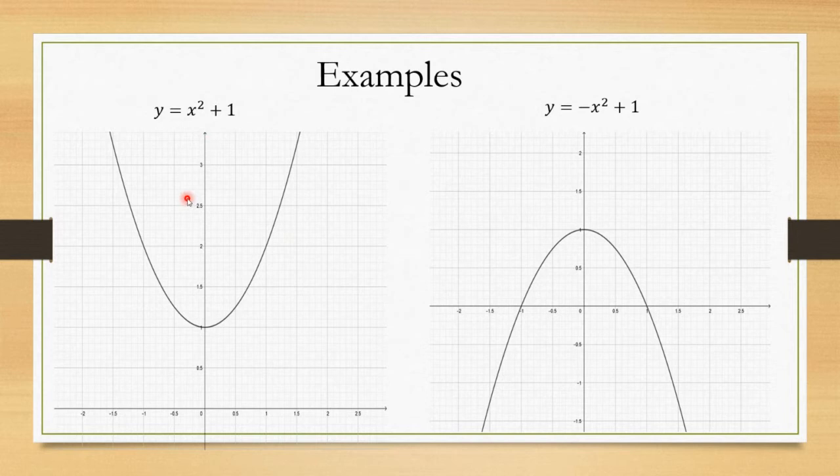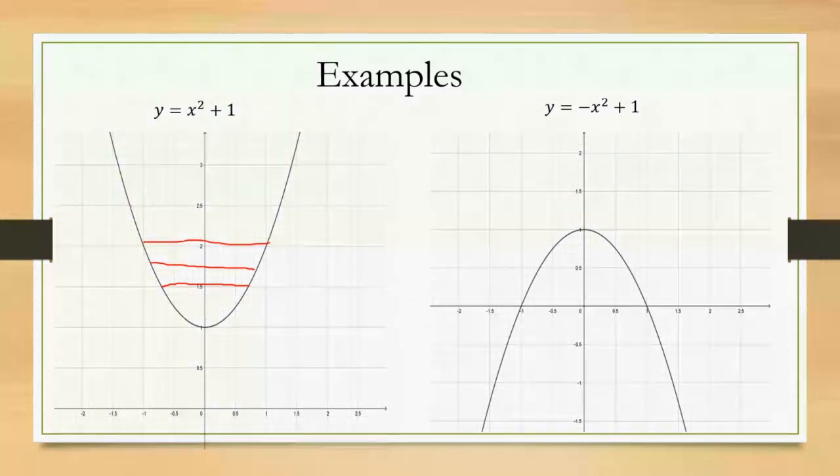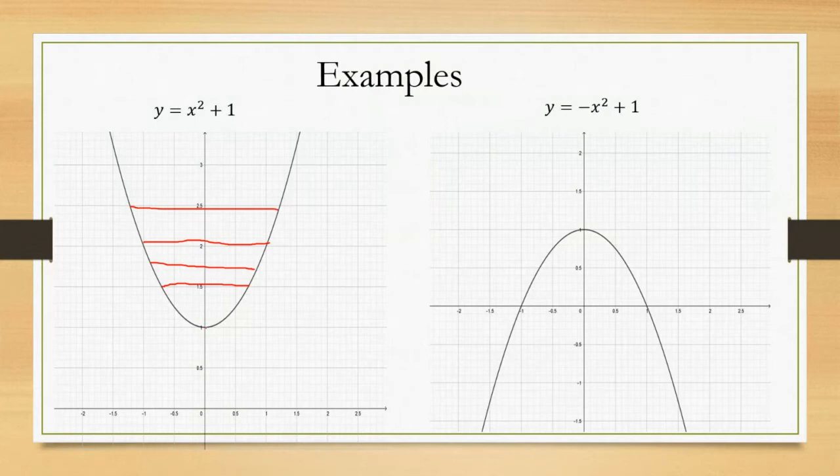In fact, you can actually get the range if you think about what we did in 2.4. In 2.4, remember what you do is you could draw these horizontal lines from the graph to the y-axis. And from there, you can figure out what the range is. If you were to do this, hopefully you get the idea that every number from the vertex on the y-axis, in this case upward, like so, that's going to be the range.